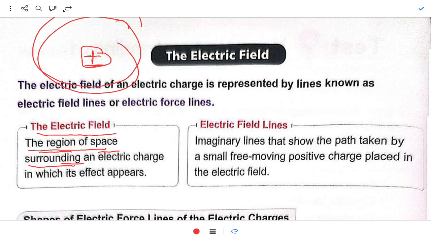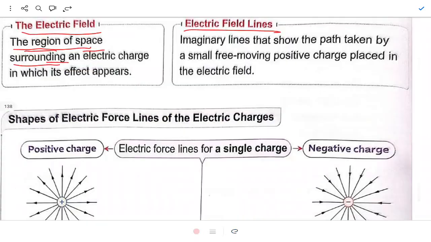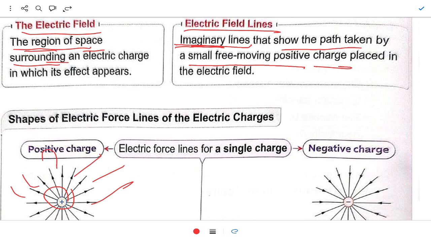And we have another concept, electric field lines. There are some lines in the electric field called electric field lines. So what are the electric field lines? Imaginary, not real, lines that show the path taken by a small free-moving positive charge.